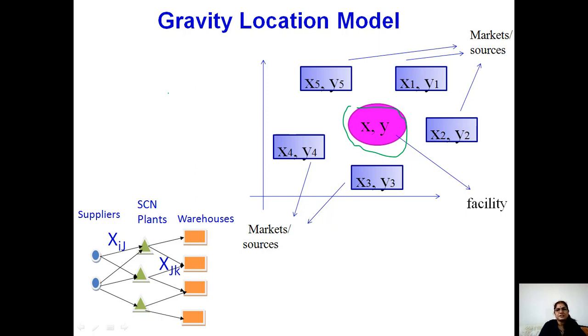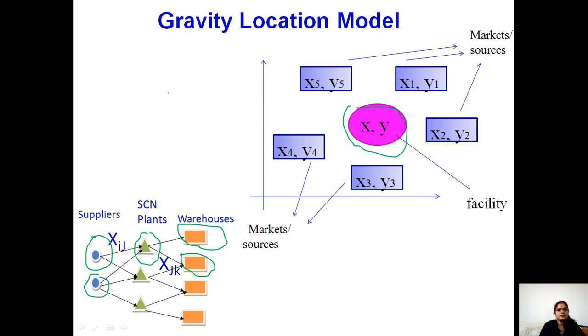Always, when we consider any facility, say for example a plant that needs to be set up, we have to see the distances of those facilities which are in direct interaction with the plant. For example, if we consider this plant, the interactions take place with these suppliers. For a plant, on the left side we have the suppliers from whom raw material will be received, and we have warehouses on the right to whom the products will be delivered.